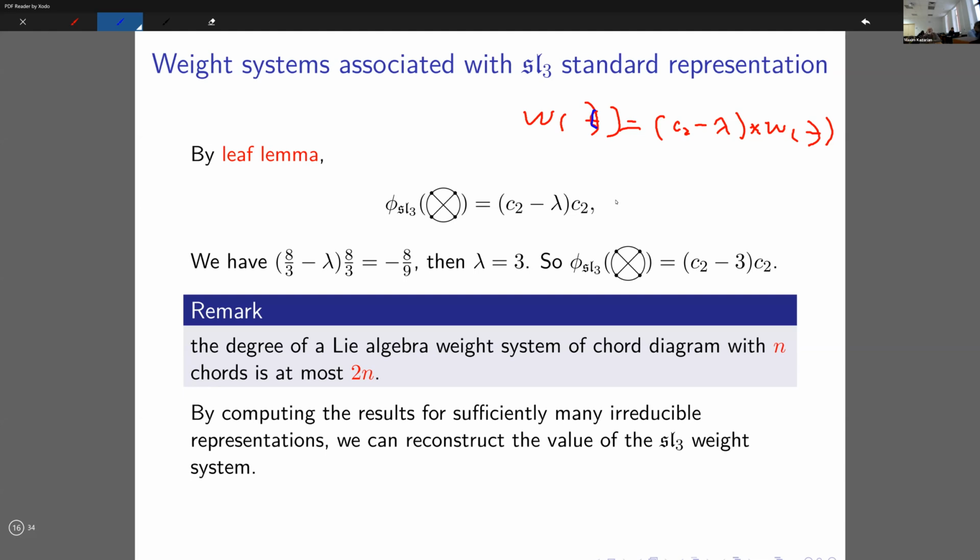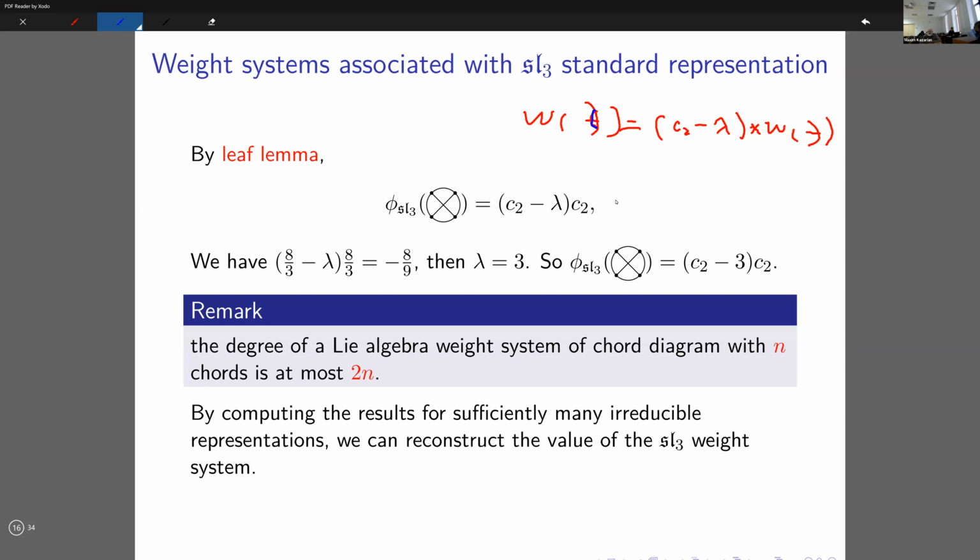If we are simply working on the Hopf algebra of chord diagrams, we would like to have a tool to eliminate leaves, but we are unable to prove any reasonable statement about leaves generally. Also for a Lie algebra weight system, we can do that.